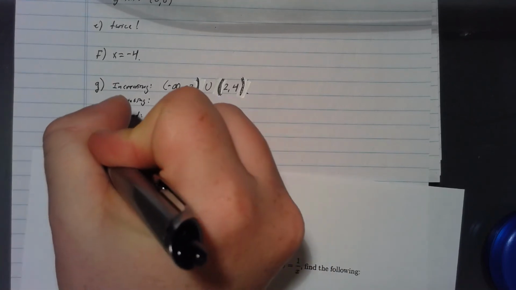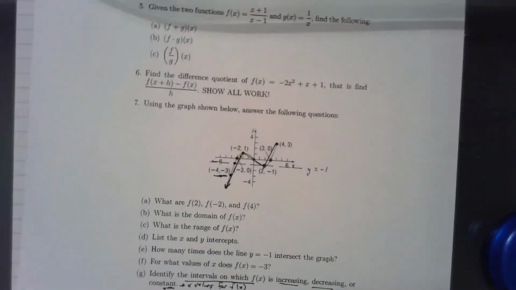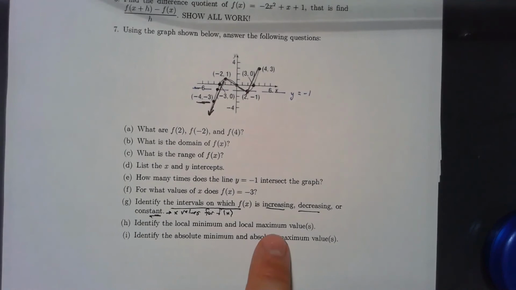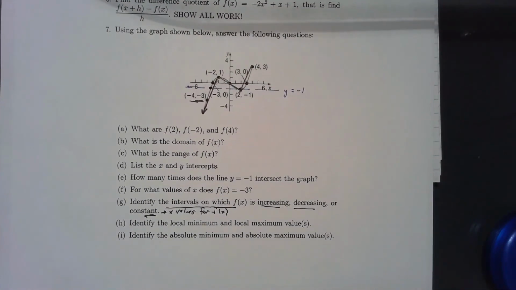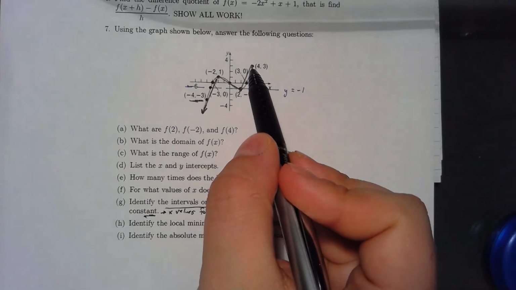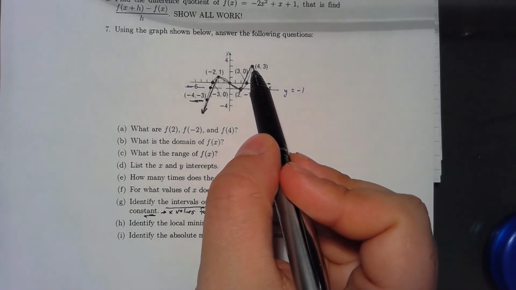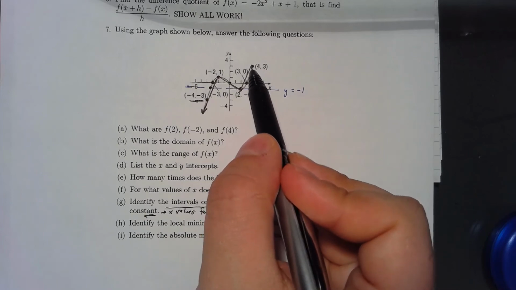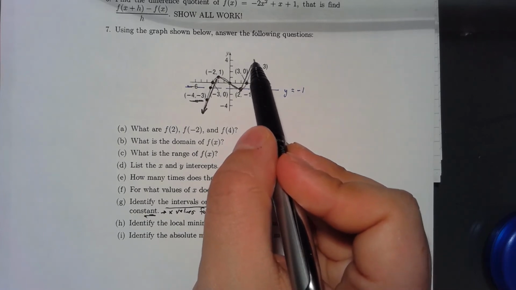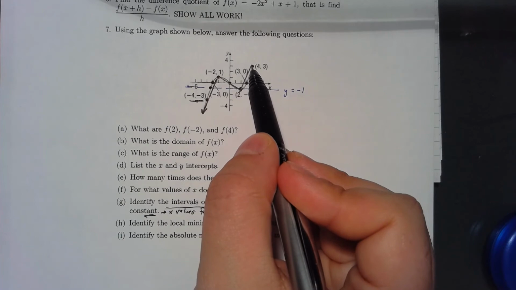Letter H. Identify the local minimum and local maximum. So remember, you have to have an interval around a local max or min. So yeah, that might be the highest point on my graph. It's not a local max because I can't construct an interval around it. I can't construct an interval over here because the graph ends there.